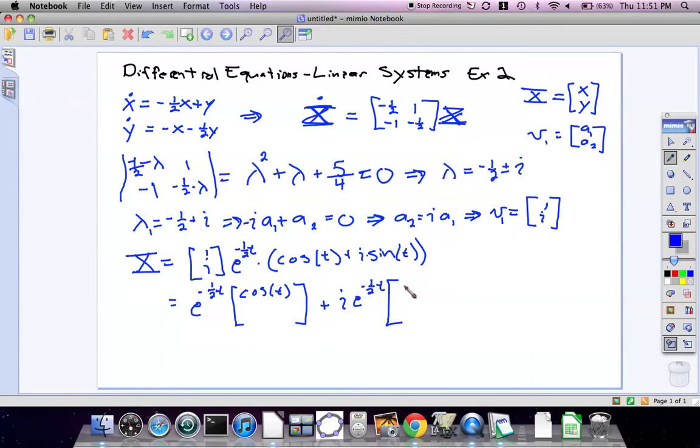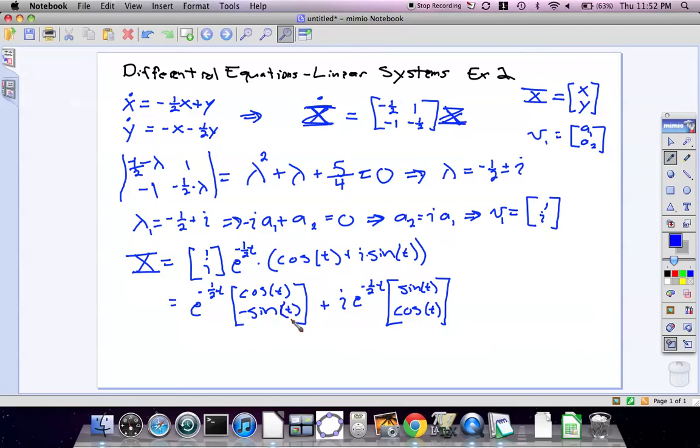And so I'm going to have a sine of t up here from the 1. Down here, when I multiply through by i, I'm going to have i cosine, which puts the cosine over here in the imaginary portion. And then I'm going to have i times i sine. i times i is negative 1, which is a real component, so that goes over here, negative sine of t.